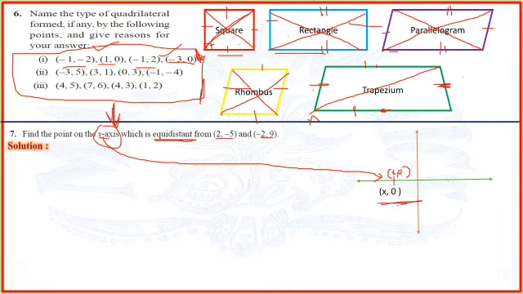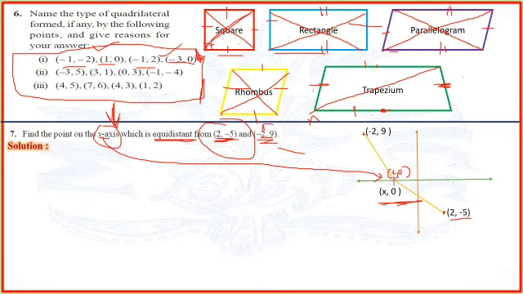Equidistant means the distance is equal. The point (2, -5) has plus and minus, that means fourth quadrant. The other coordinate (-2, 9) is negative positive, that means second quadrant.